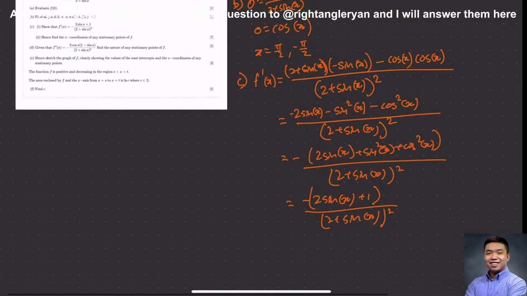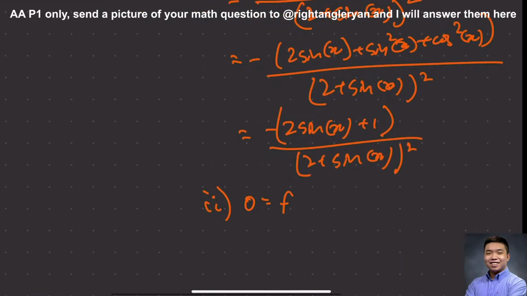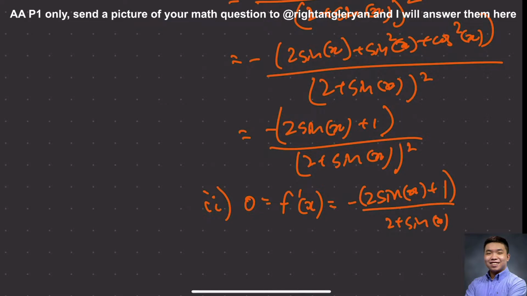And then C2, so this was C1. Hence, find the x-coordinate of any stationary points of f. So again, we set the derivative equal to 0, right? Which means we have negative 2 sine x plus 1 all over 2 plus sine x squared.